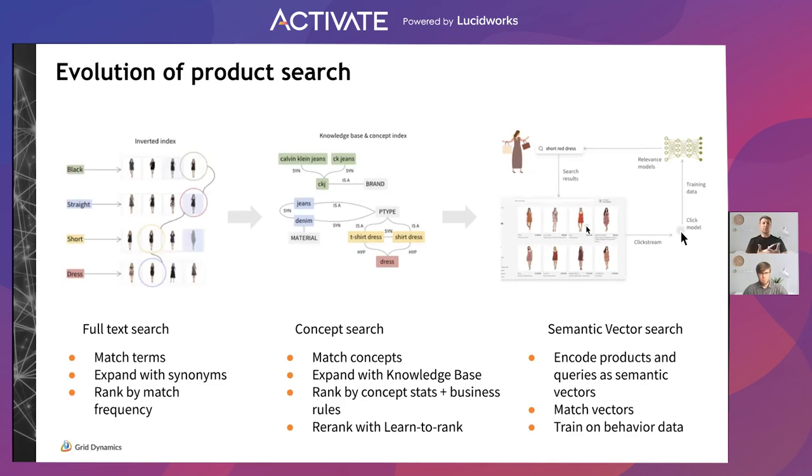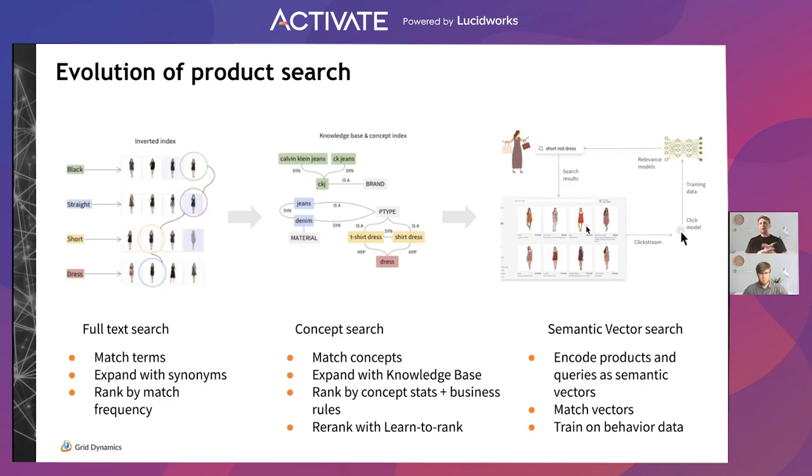The main approach is to find the terms which the customer used in the query and match them to the same terms which we can find in the data, and then rank the results by the frequency of those matches. Sometimes we augmented this kind of solution with large lists of synonyms, trying to improve the ability to understand the queries.